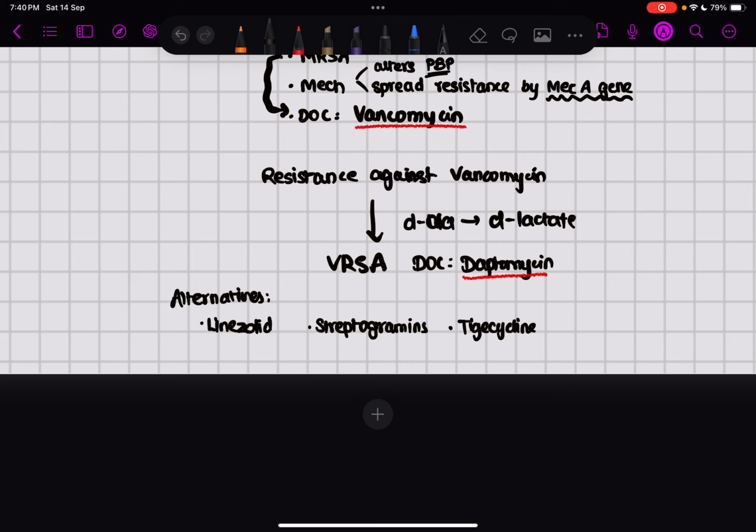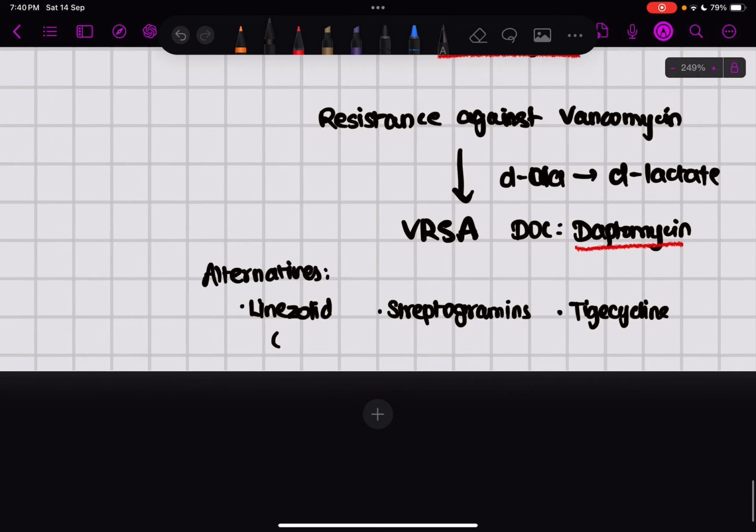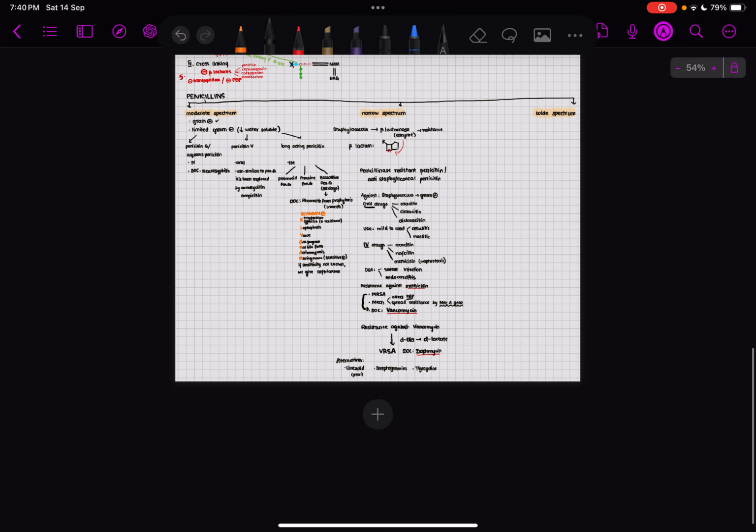Linezolid was used previously. The tigecycline, it is like tetracycline, but not.